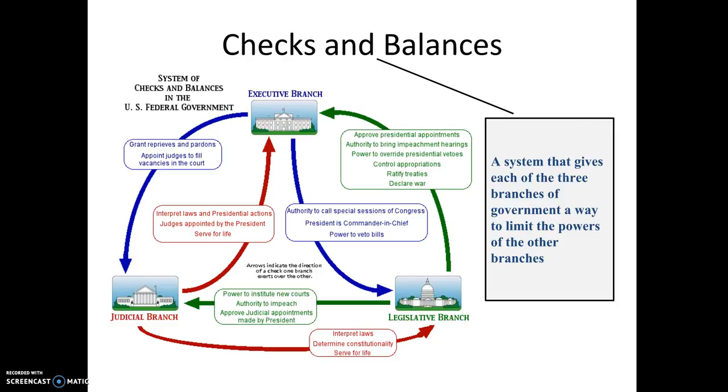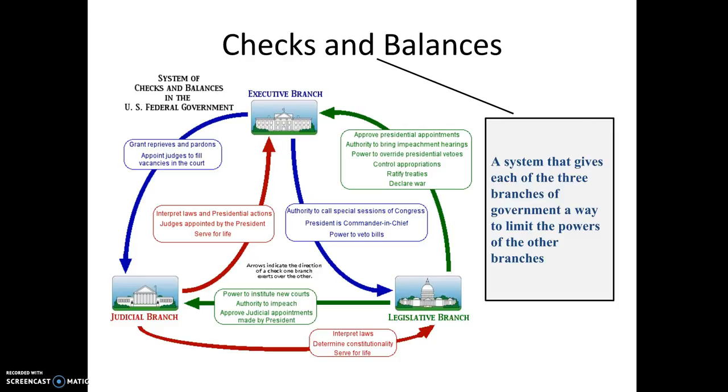An important realm to understand when it comes to the powers of Congress is the way that Congress's checks and balances work. So this diagram here shows you basically how the checks and balances are organized. There are powers that each branch of the government has over the other branches. There are ways that one branch can control the other branch.